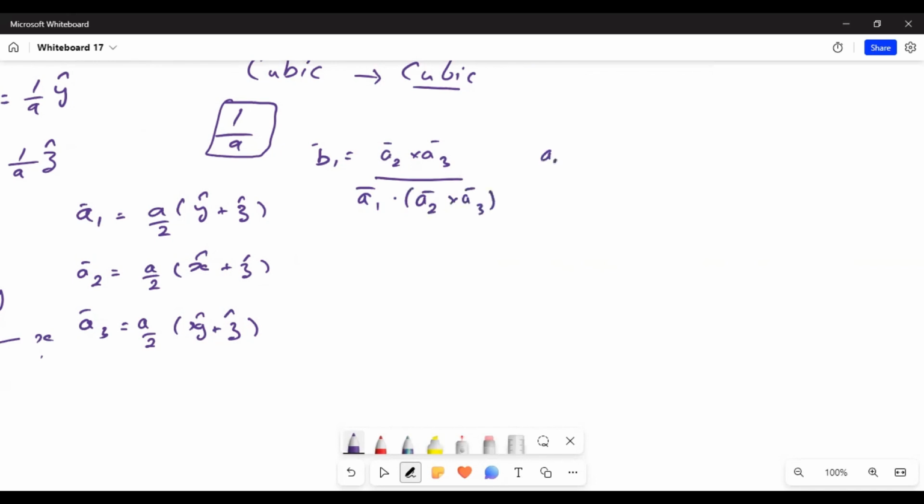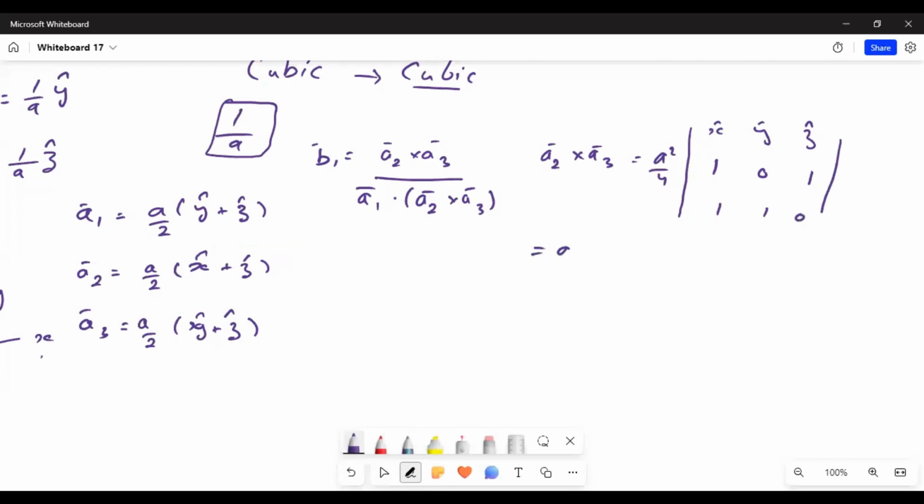Now A2 cross A3 will be a square by 4 times the determinant with rows x, y, z, then 1 0 1 and 1 1 0.